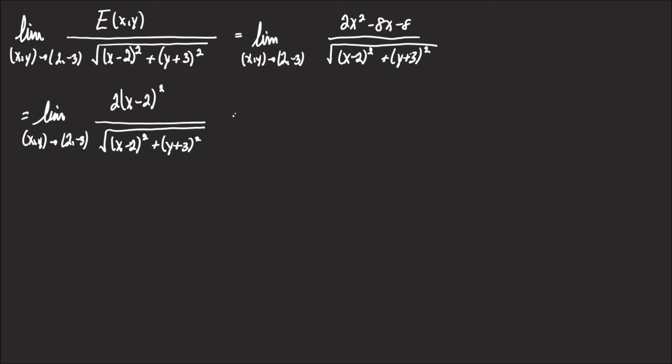Now this will be less than or equal to this limit, and I'm not going to write the (x, y) approaches (2, negative 3) anymore: 2 times (x minus 2) squared plus (y plus 3) squared, all over that square root.